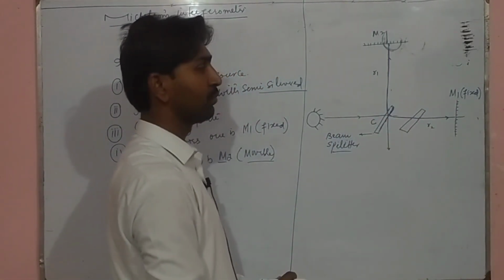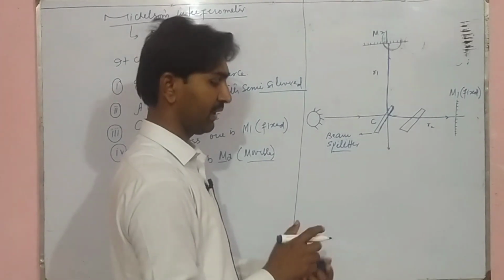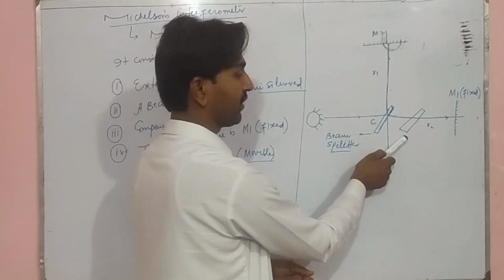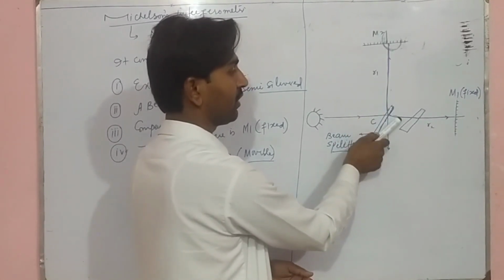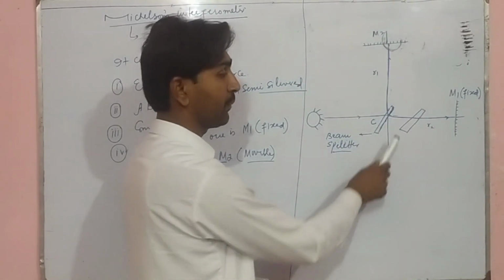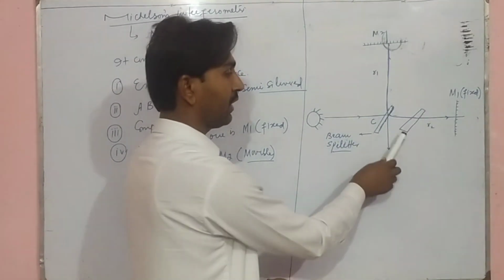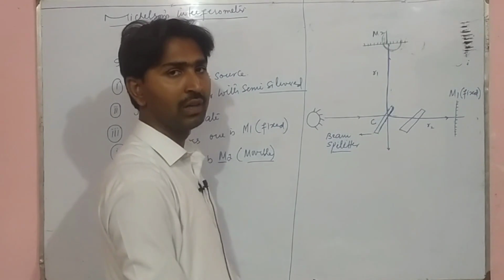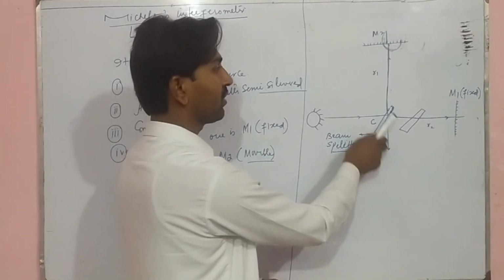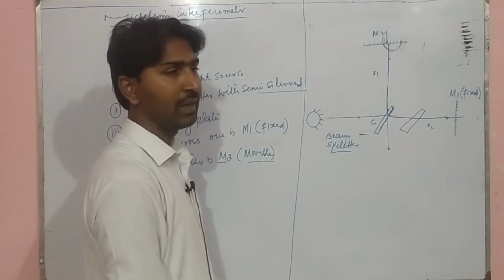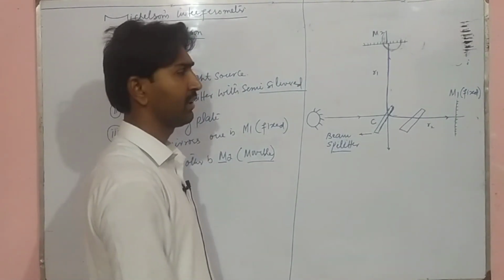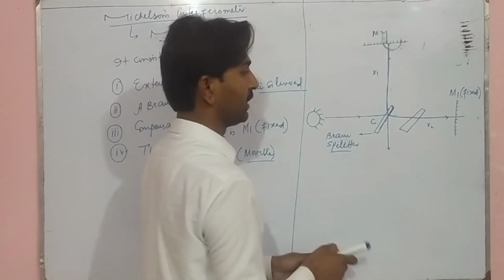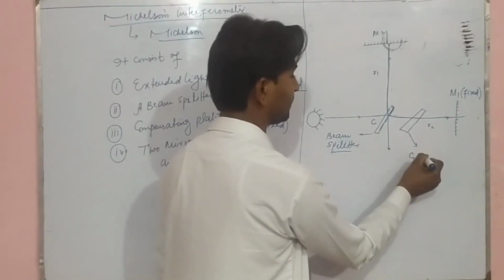Because of this compensating plate, both rays cover equal distance. If it is removed, then both rays will not cover equal distance. So its function is to equalize both arms of Michelson's interferometer, making the path length covered the same.